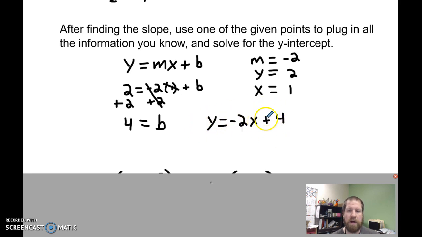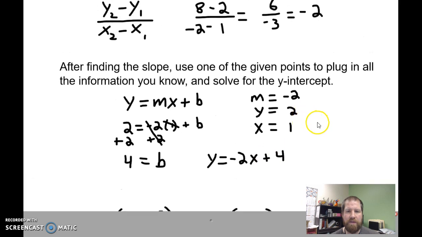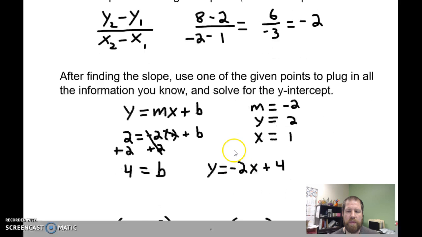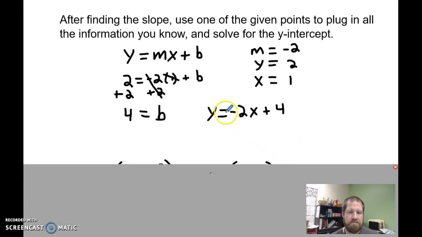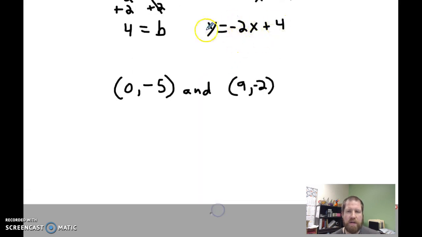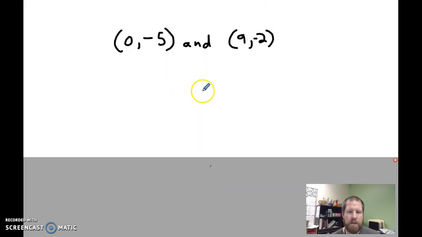So my slope-intercept form equation for the line traveling through these 2 points would be y equals negative 2x plus 4. And that's where my problem would end. That's my solution.